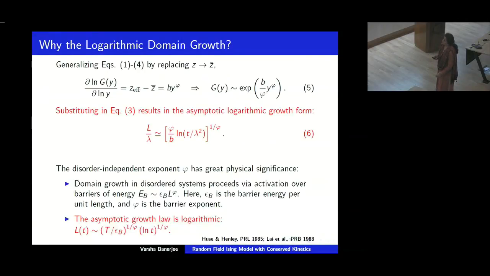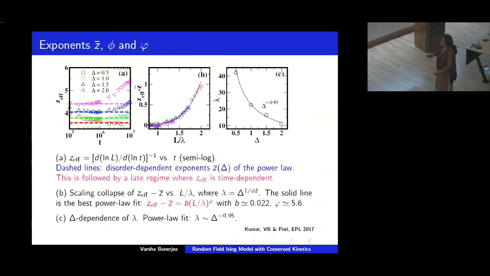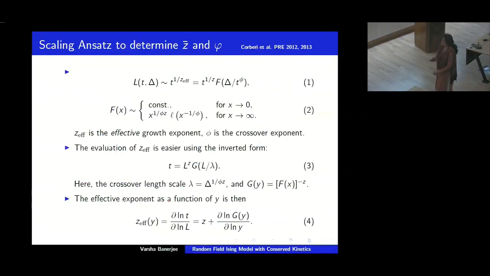If I go back to the equation I had put in, that's equation 4, which I had put in to evaluate the Z effective. So that's the equation I'm looking at now.